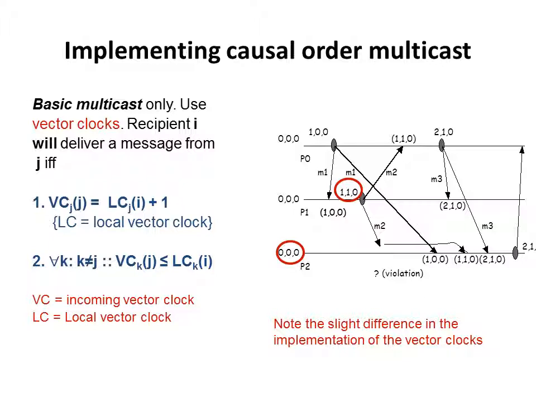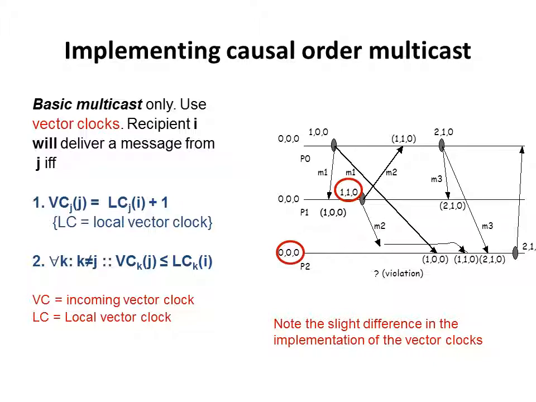Now, once again, there can be a problem-solving question of implementing the causal order multicast using the vector clocks. And we did one of these problems in class where you had to tell whether a message could be received at a given point of time or not.